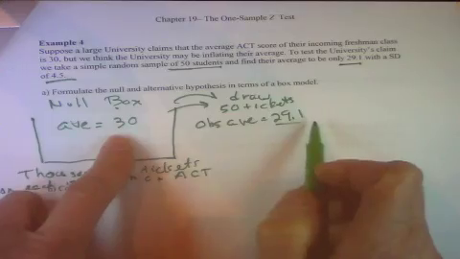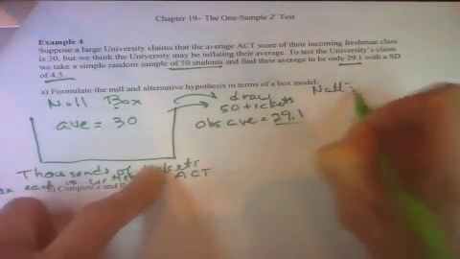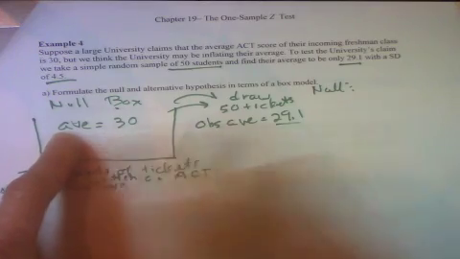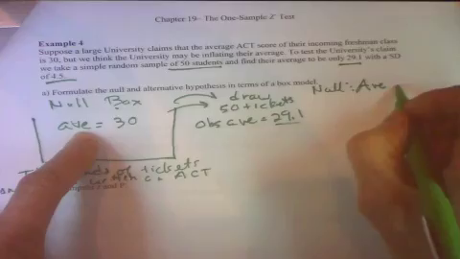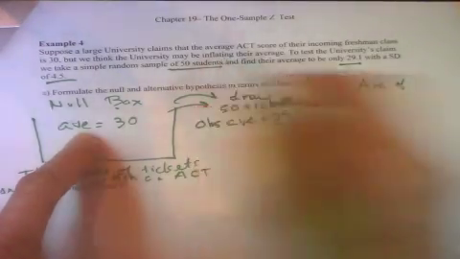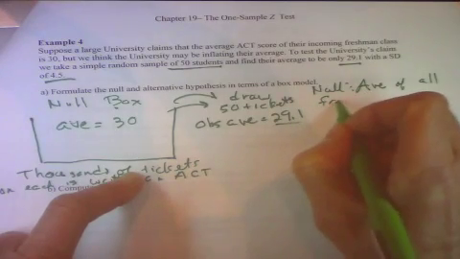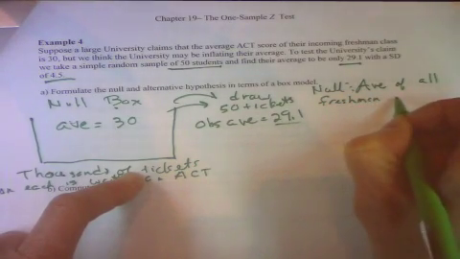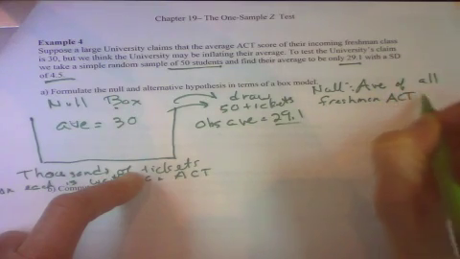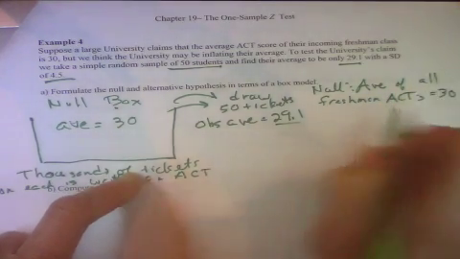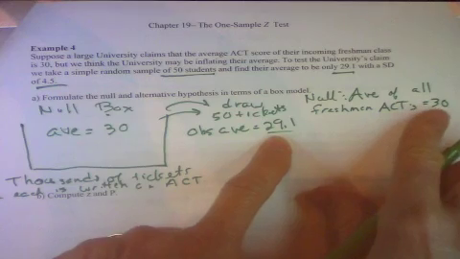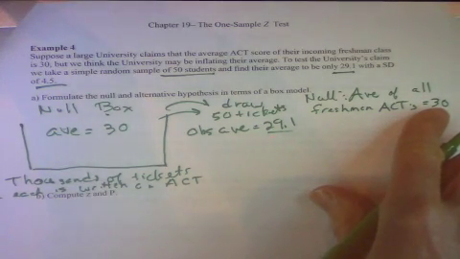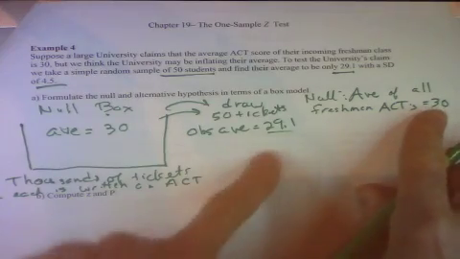Okay. So, what's the null hypothesis? The null hypothesis is that the university is telling the truth. That the average of the box, the average of all freshmen's ACT scores, is equal to 30. The university is telling the truth, and this difference that we see, this effect that we see, this 0.9 difference, is just due to the luck of the draw. It's a small difference.